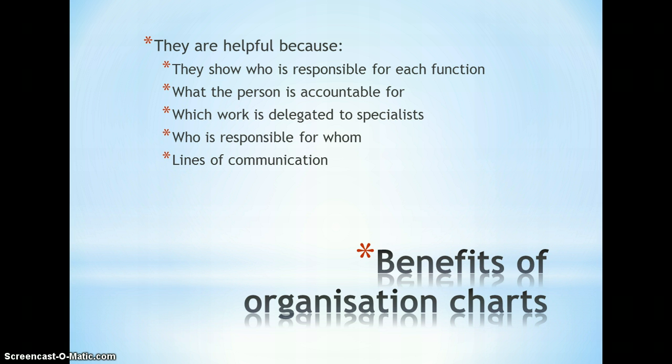Now, this is going to be even more important because we have to do a lesson on communication as well, but it shows how you can communicate through the organisation to get messages to different people. And through all the lines, it shows how departments are linked to each other. We know that people are on the same levels and the same layers, but it also shows how they link to each other, especially when it starts to get more and more complicated with more and more people on each layer.